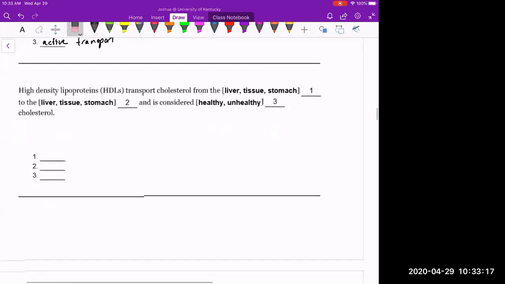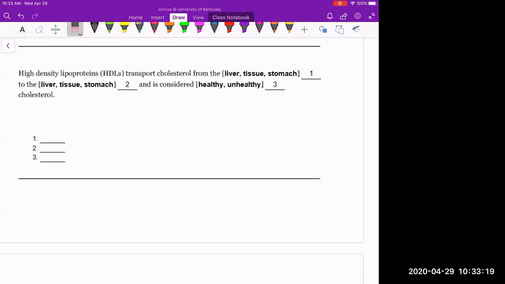Next question. High density lipoproteins transport cholesterol from the blank to the blank and is considered blank cholesterol. HDL transfers cholesterol from the tissue to the liver.